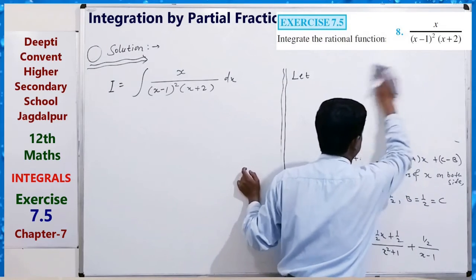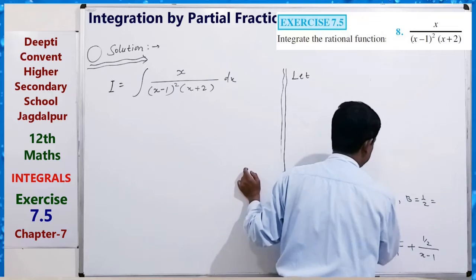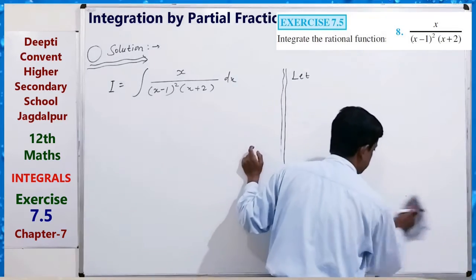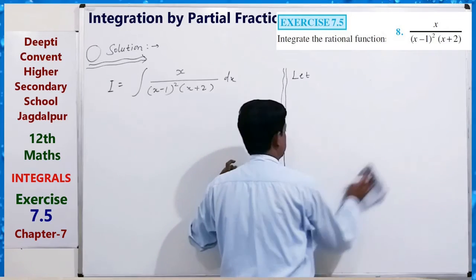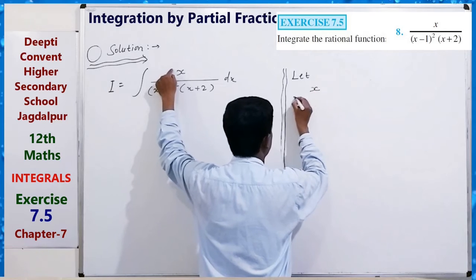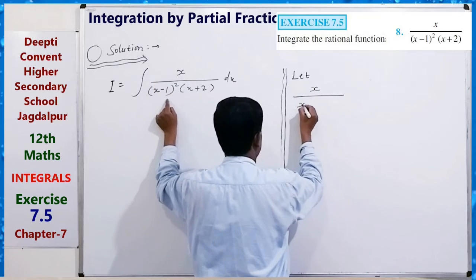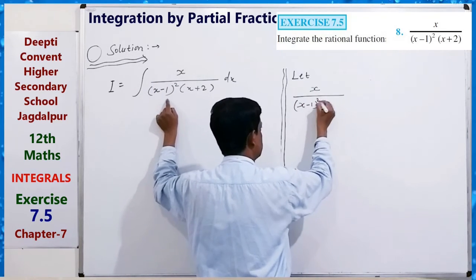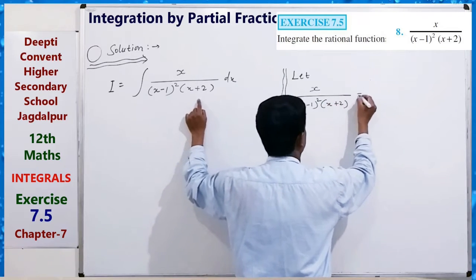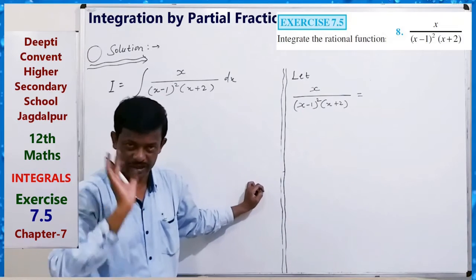The substitution for partial fraction, third step. There are 3 factors but x minus 1 squared.